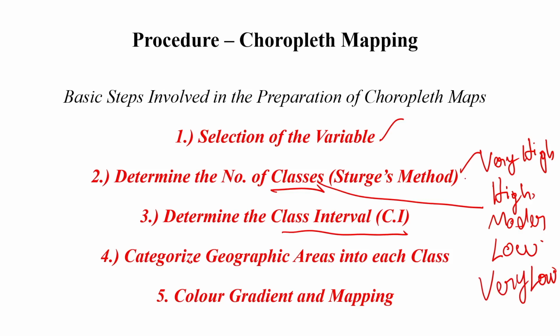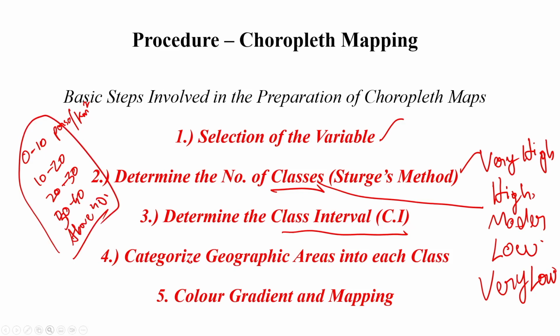It can also be related to some kind of values. So you can have values such as 0 to 10. Let's say population density, let us take that example. So 0 to 10 per kilometer square, then 10 to 20, 20 to 30, then 30 to 40, then above 40.